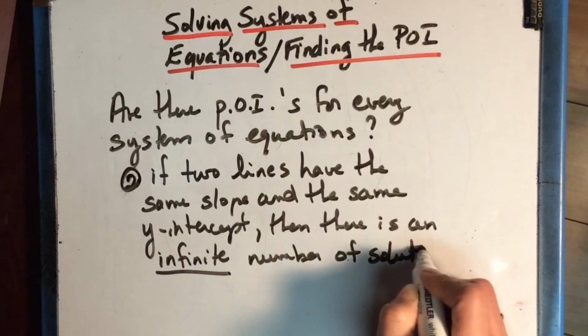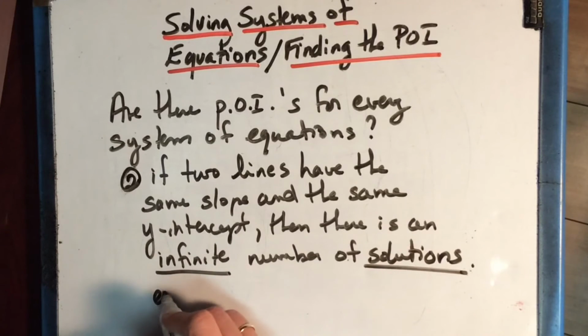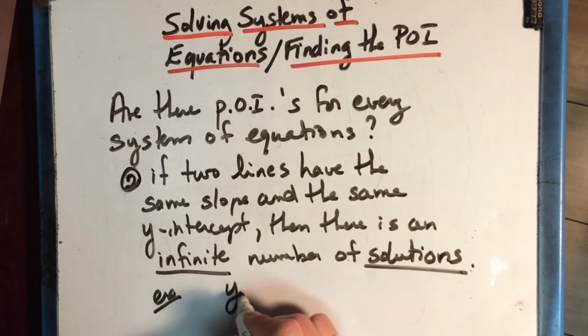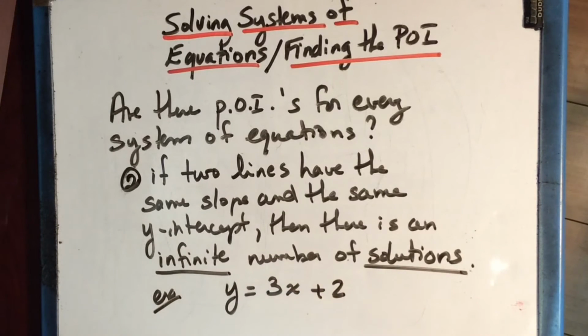The reason for that is because they meet at every single possible point. So for example, if you had something like y equals 3x plus 2, and then you had something such that the equation was written differently. It could be written as 2y is equal to 6x plus 4.